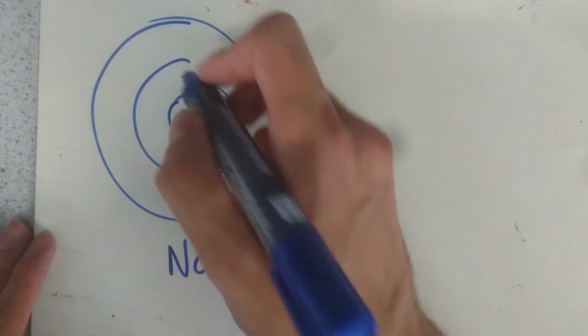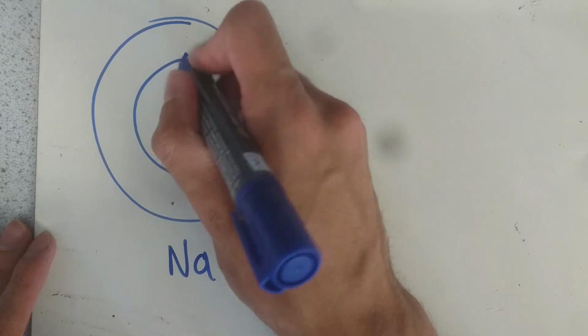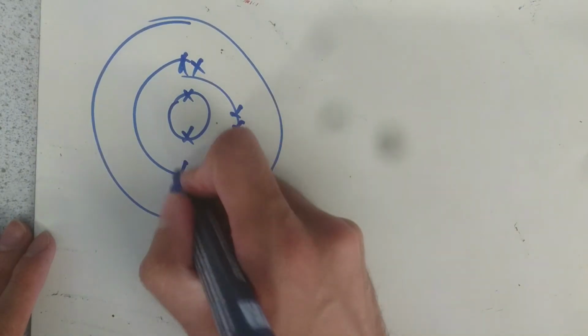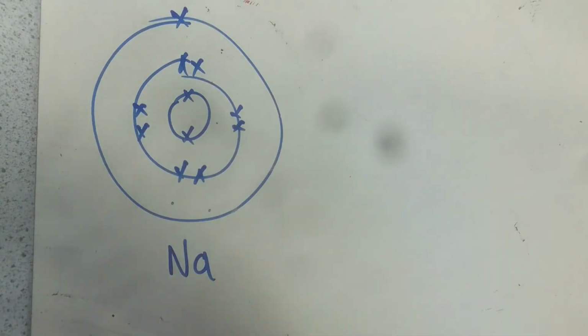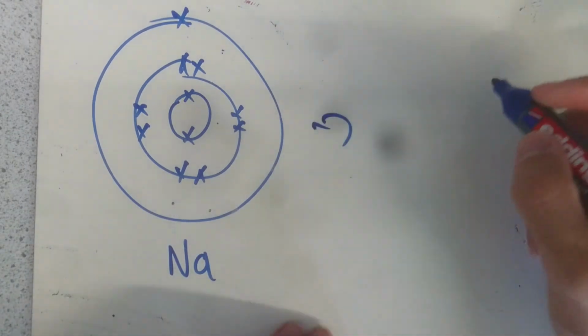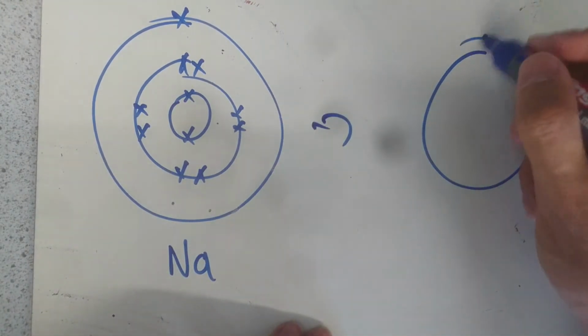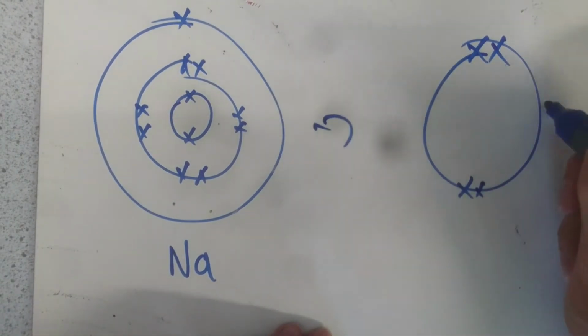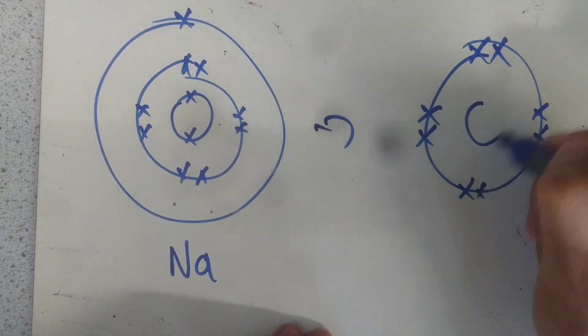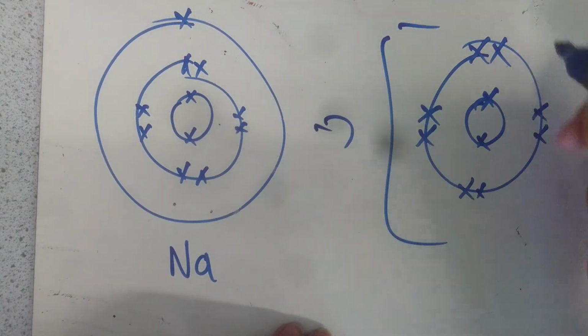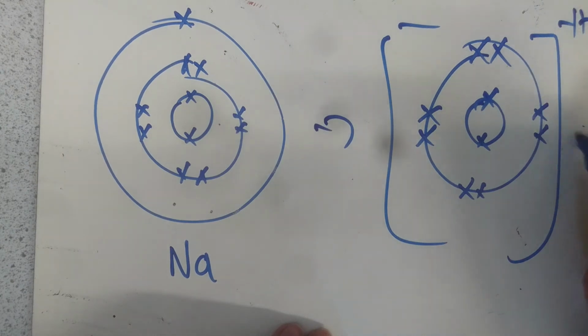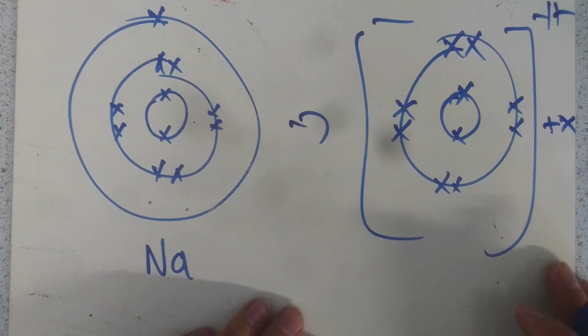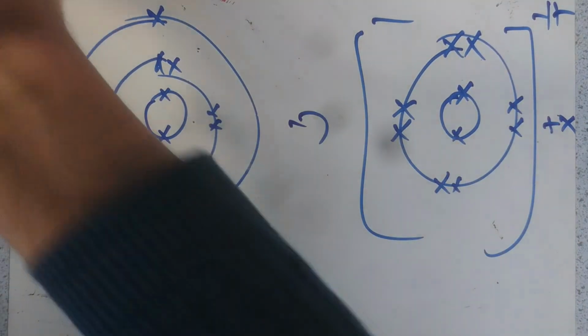So doing this every time takes a bit of time, especially when you've got to draw the ion where it loses that electron. So the electron's gone, and that takes a bit of time.